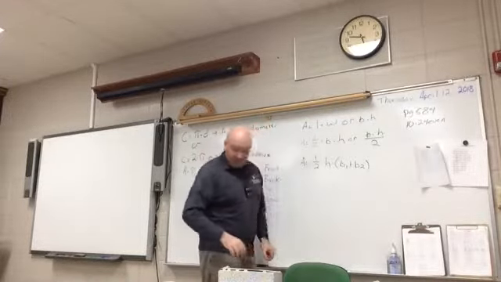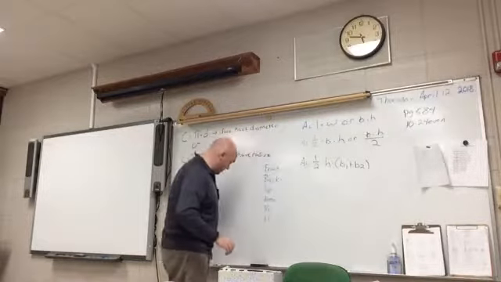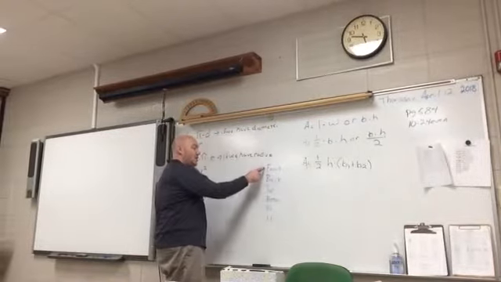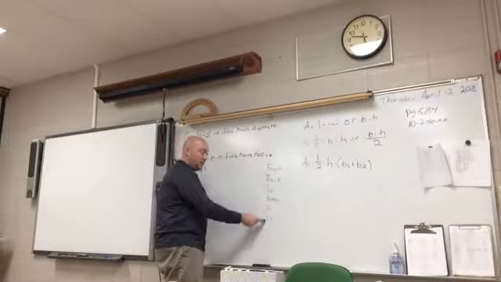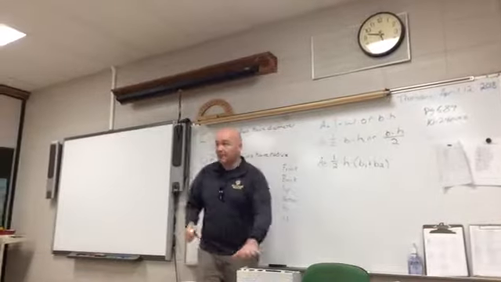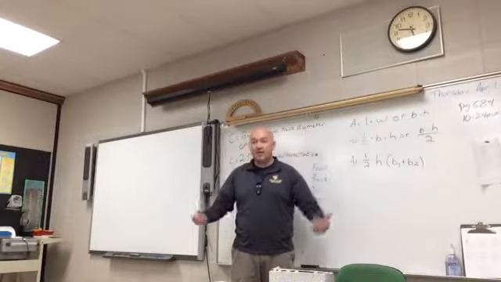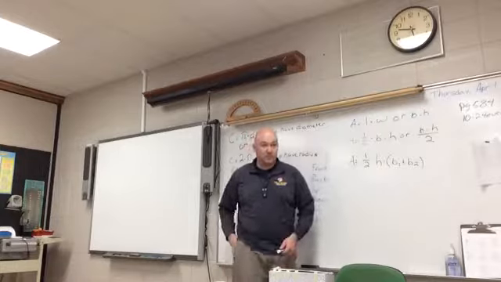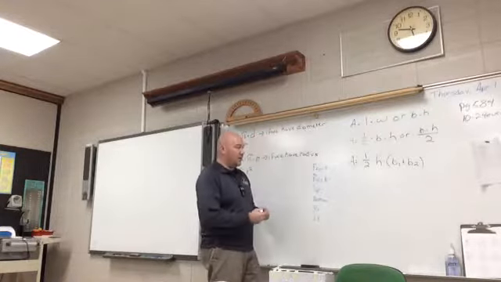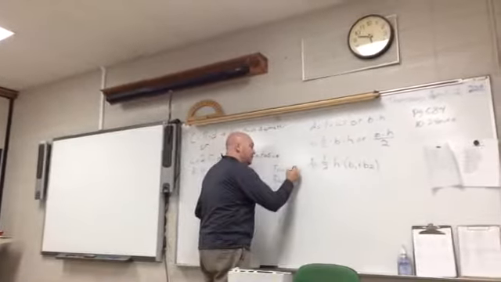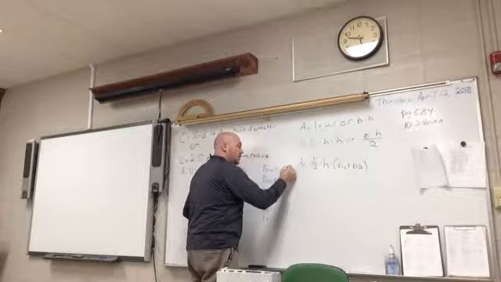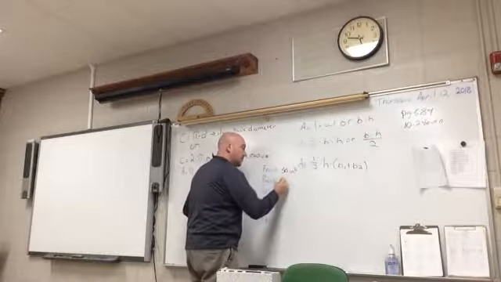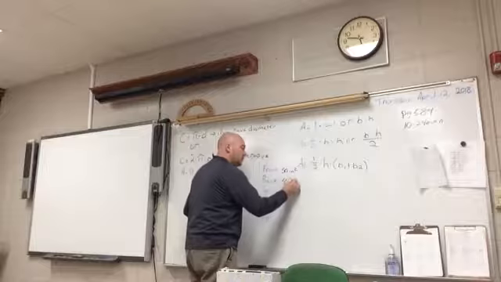So if I was doing this, I would make my thing front, back, top, bottom, right, left. Because your top and the bottom should be the same, your right and your left should be the same. So we've determined that the front and the back are both 50 square inches.